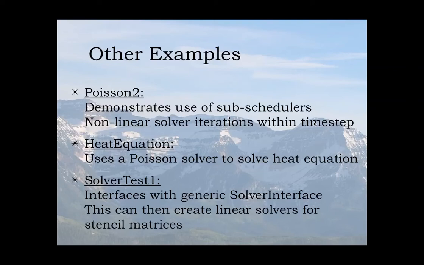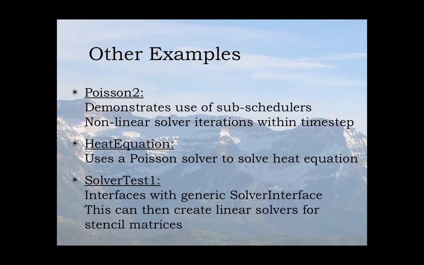So let's say we're solving a PDE in time, and our right-hand side has a Laplacian on it. Then what we want to do is iterate on the right-hand side, but we also want to advance the solution in time.